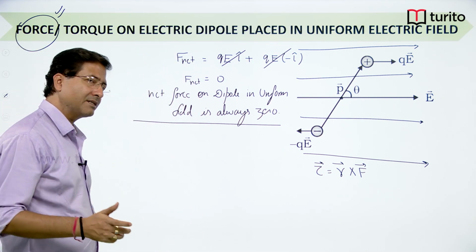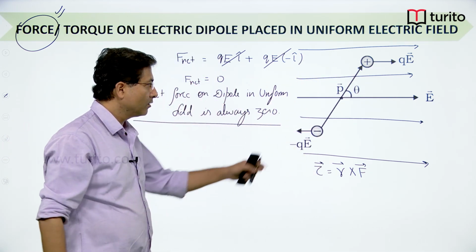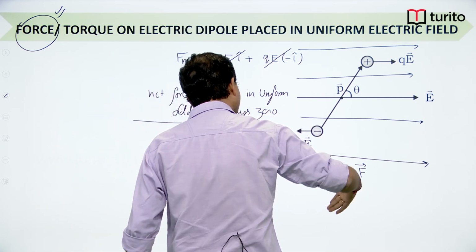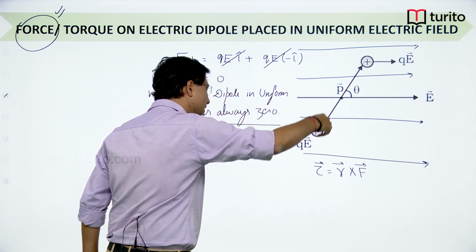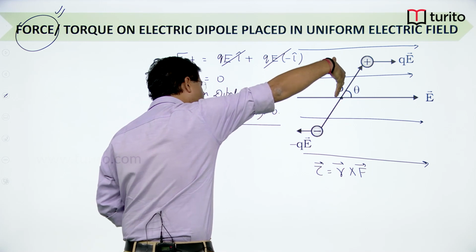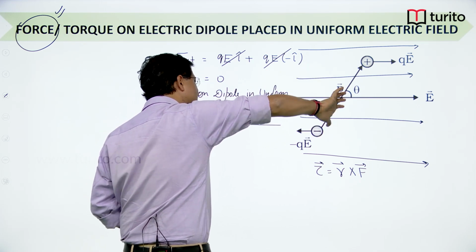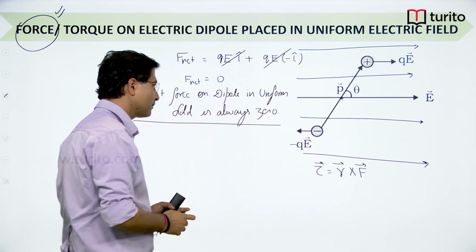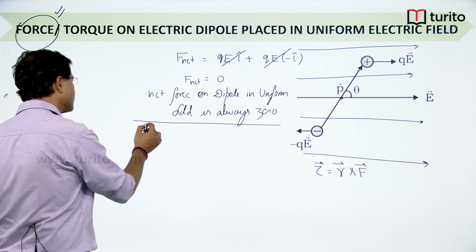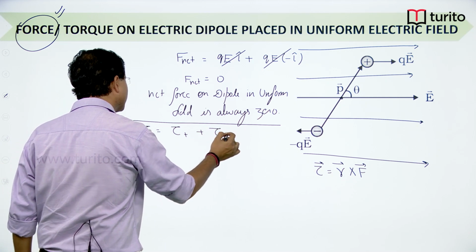So I am taking clockwise sense as positive. Now for this one, R cross F, this is R vector and this is F vector. Rotate R towards F, again torque is coming inward and the sense is clockwise. So both are providing torque in the same sense. So I can write torque because of positive and because of negative.